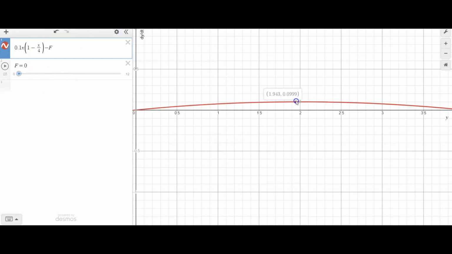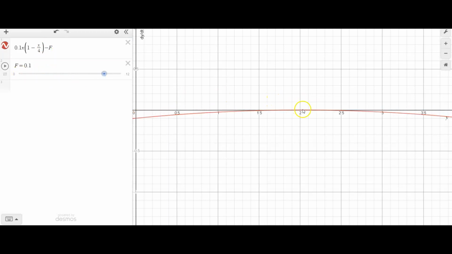When we weren't fishing at all, notice that 0.1 was the value of the vertex, or the output value of the vertex. So if I shift this thing down 0.1 units, well, that's going to bring the vertex down 0.1 units, and that's where we're going to have the bifurcation value.